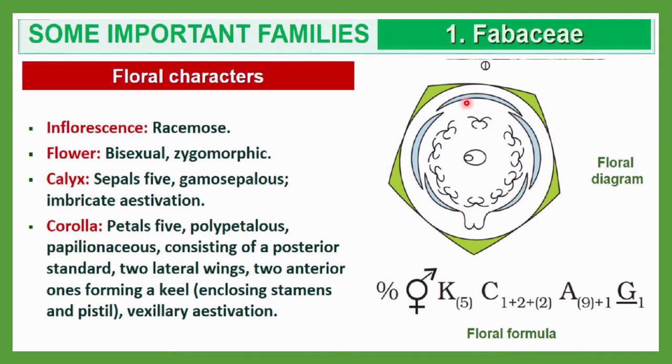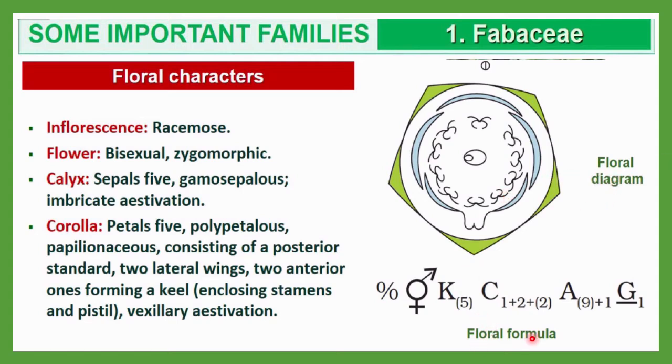And here you have to draw the estivation, that is maxillary type of estivation. You must have practiced this diagram during maxillary estivation when we learned that. At that time you should remember the diagram. So this is your floral diagram.